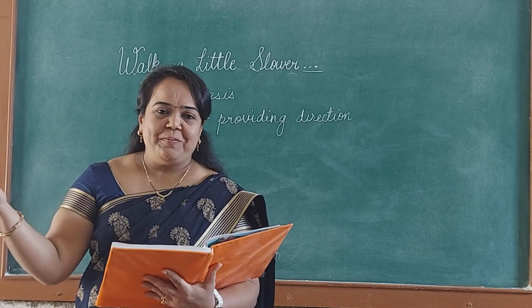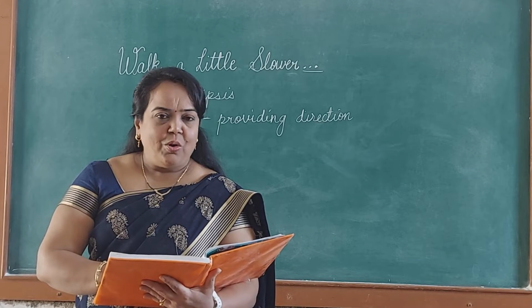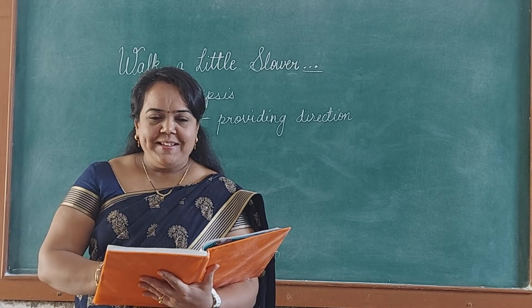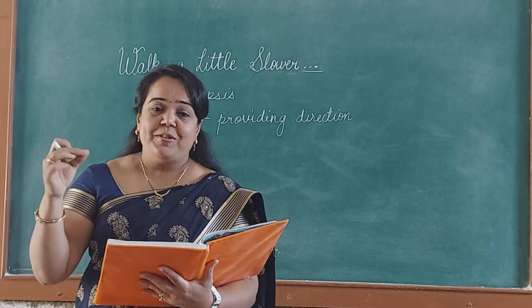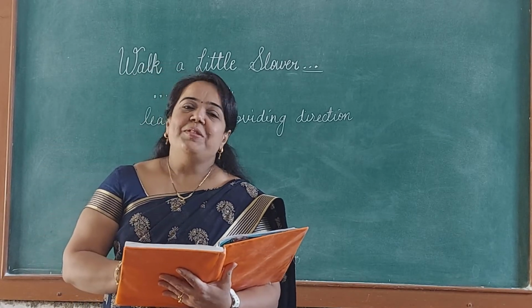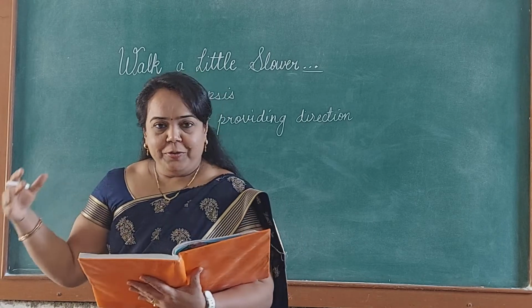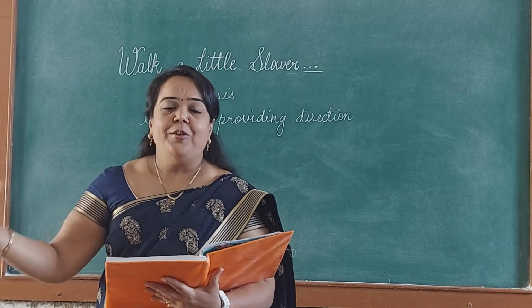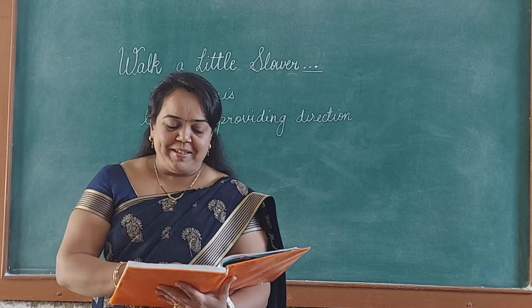How should the steps be? They should be correct. So walk a little slower, ellipsis, because he didn't repeat it. He wants to convey so many things. He wants to convey that you be careful, you be cautious in your ways of life, because I am imitating you.